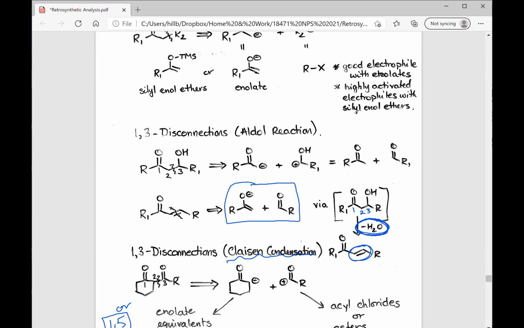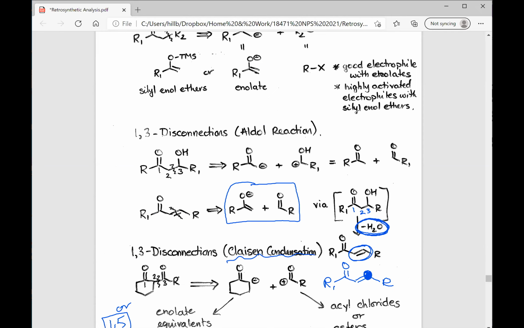So remember, one of the things that was interesting about enones is that this carbon here is electrophilic, right?